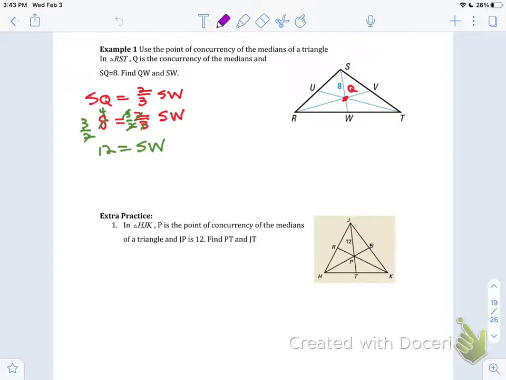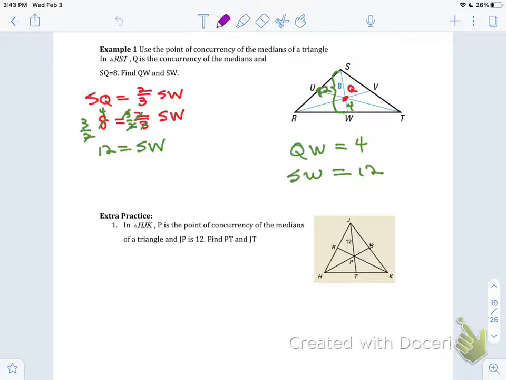So SW is this entire length. So that entire length is 12. If that length is 12, isn't it true that QW has to be 4? Okay, so QW equals 4 and SW equals 12.